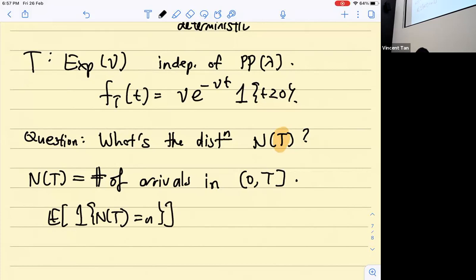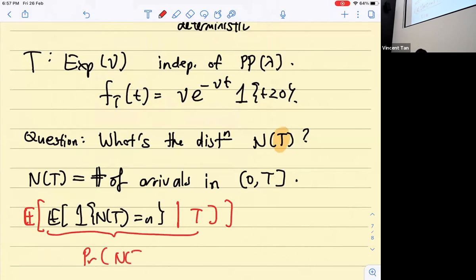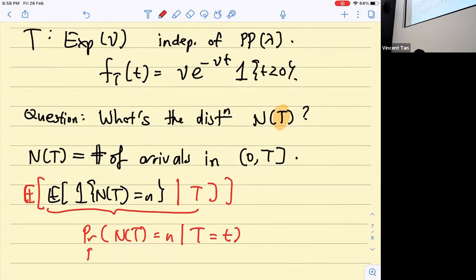And then we will condition on T, and then we will take out the expectation. Why so complicated? Actually, it's not complicated. It simplifies life. What is the insight here? It is nothing but probability N_T equals n, conditioned on T equals t for a fixed little t. Then I know that this is N_t equals n, conditioned on T equals t.